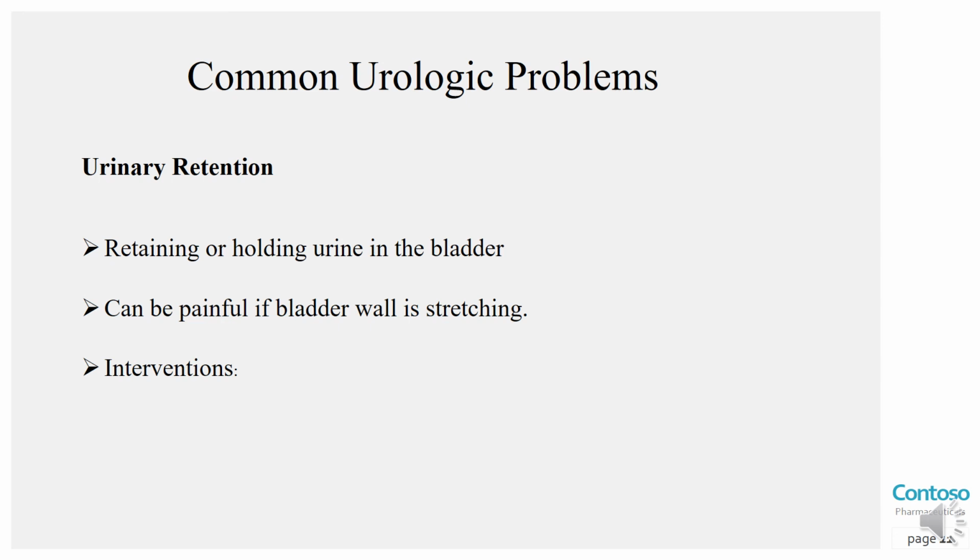We can offer caffeinated beverages, a warm bath, or a double void, where they void, sit on the toilet for several minutes, and then void again. We can schedule trips to the bathroom every 2 to 3 hours. Or we can obtain an order for catheterization if all other measures don't relieve the problem. But we do need to try the less invasive methods first before we receive an order for a urinary catheter.